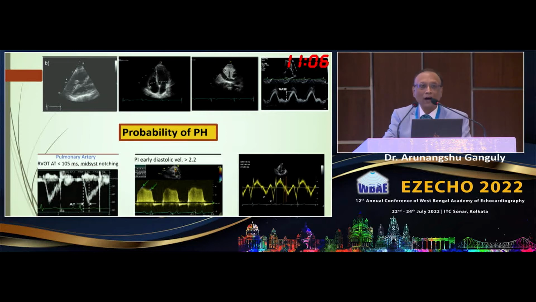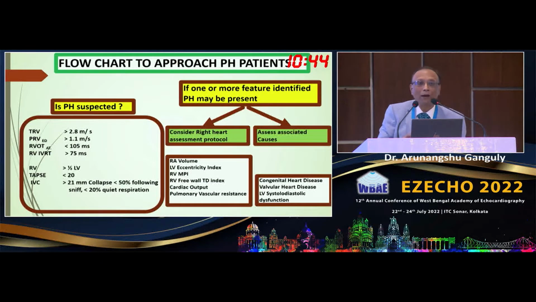Then you have the RVOT acceleration time with the mid-systolic notch, the pulmonary regurgitation velocity, both early and end. They give you an idea about the mean arterial pressure. And you have the IVRT, which is more than 75 milliseconds. All these make it probable.